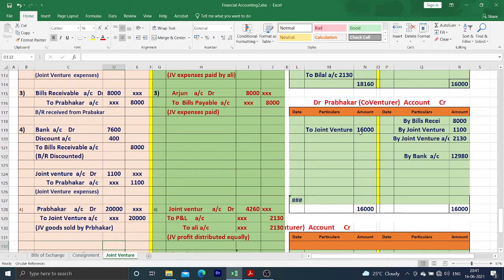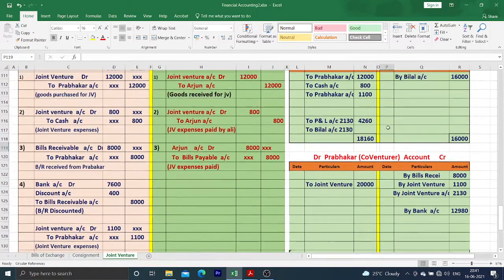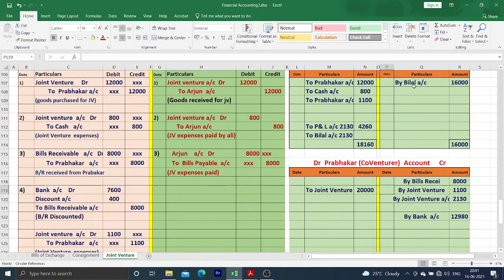Prabhakar account debit to joint venture 20,000, by Prabhakar 20,000.